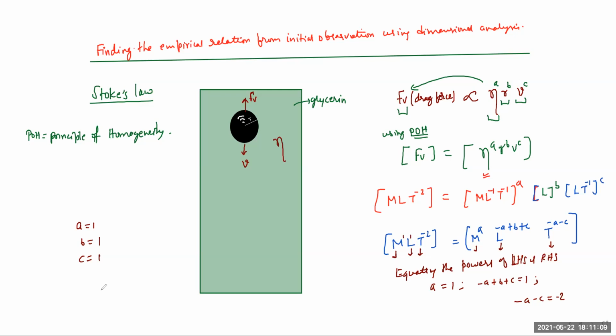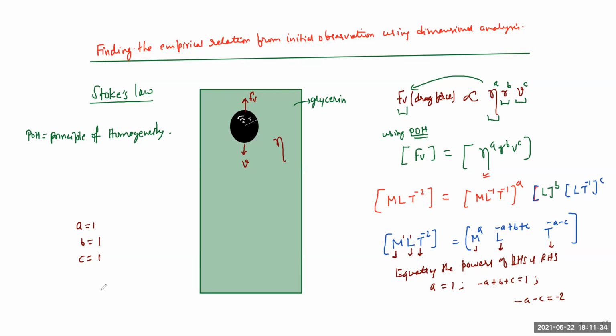So you can stick to a, b, c, or if you don't like it, you can go for x, y, z. There is no problem. So eta, r, v are the spices, or you can say ingredients. The power is like the proportion you want to choose, and you want to cook a recipe of force.